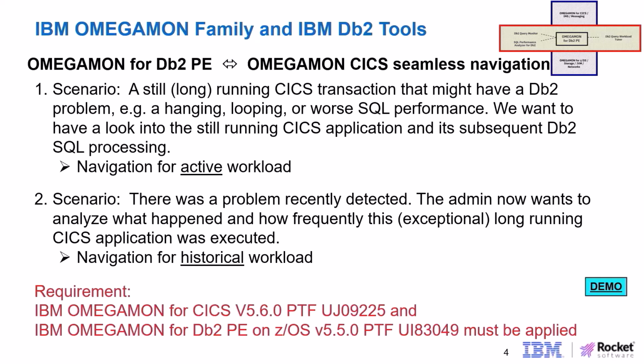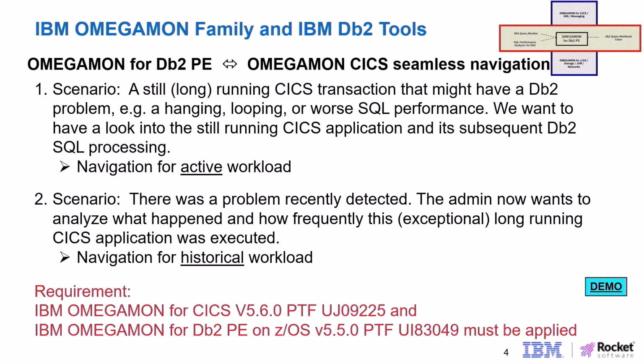This allows us to easily click on this data and navigate context sensitive to the other monitoring component workspace. You can think of two major scenarios. One for active and still running application transactions, and one for the historical perspective. The historical review is the more likely used one, because of usually very short running CICS transactions.